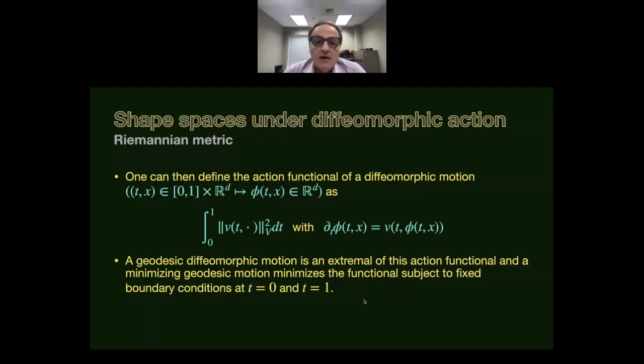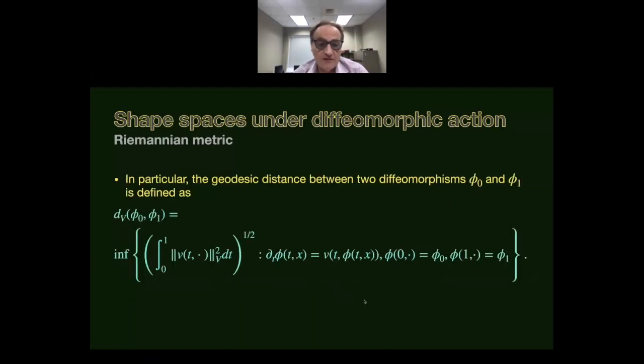That defines the action of a diffeomorphic motion, and geodesics, so minimizing length curves, are those that minimize this action with fixed boundary conditions at the initial and final times. So this builds a metric on diffeomorphisms. That's the full definition of the metric.